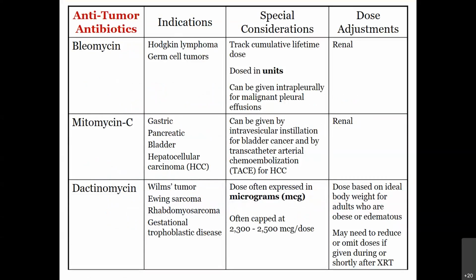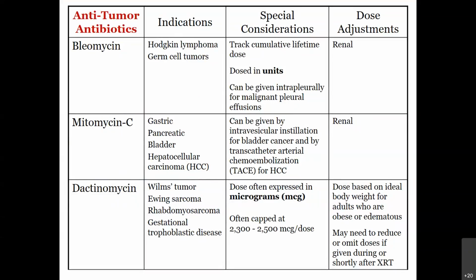And then in this final summary slide, there are a few unique things that I wanted to point out with these agents. So starting with bleomycin, this drug is dosed in units, so just something to be aware of since that is not the norm with our chemo agents. It can also be given intrapleurally for malignant pleural effusions as a sclerosing agent.